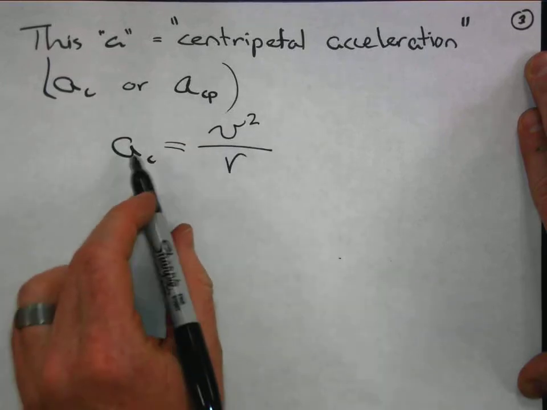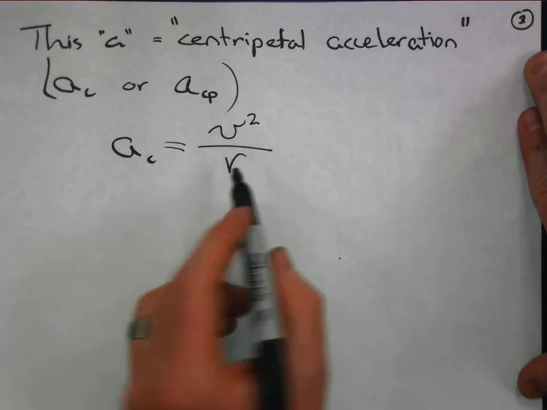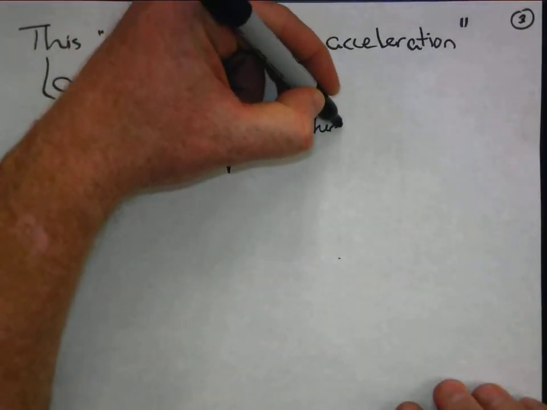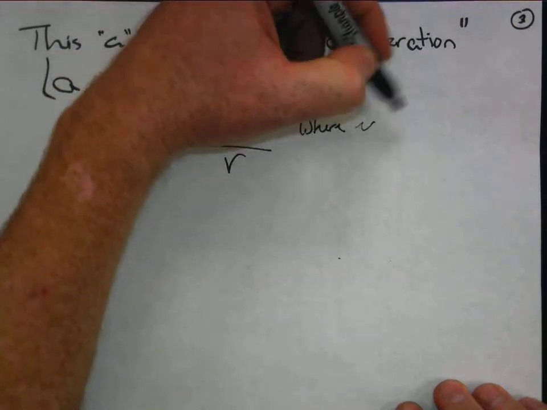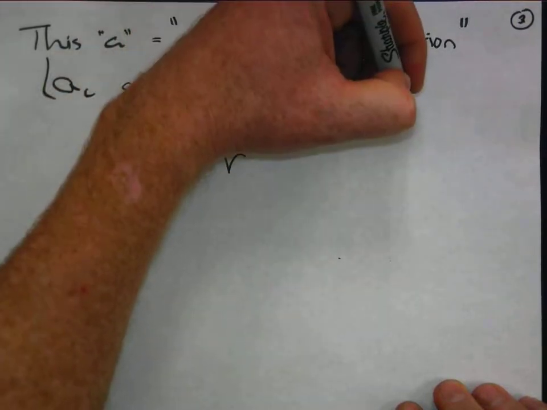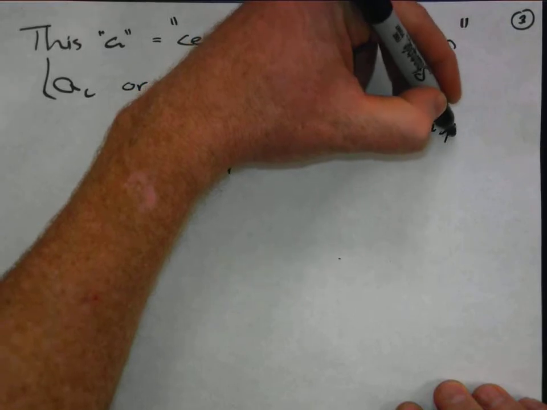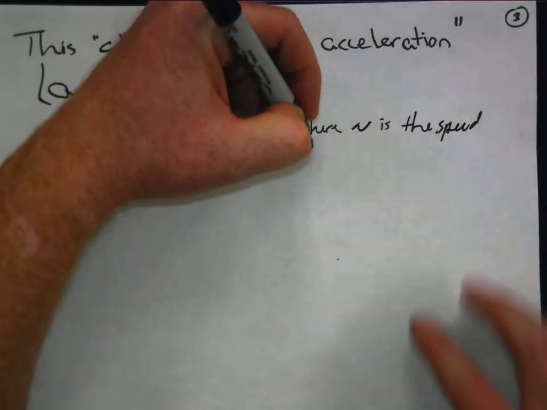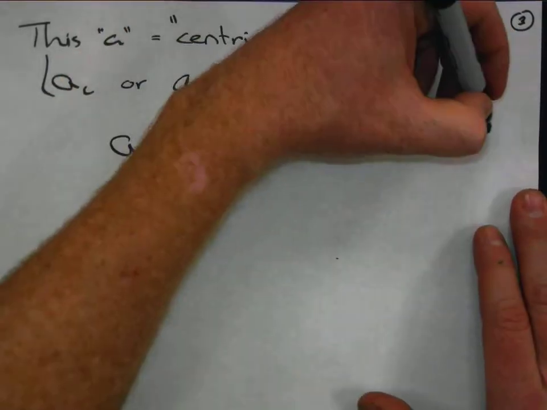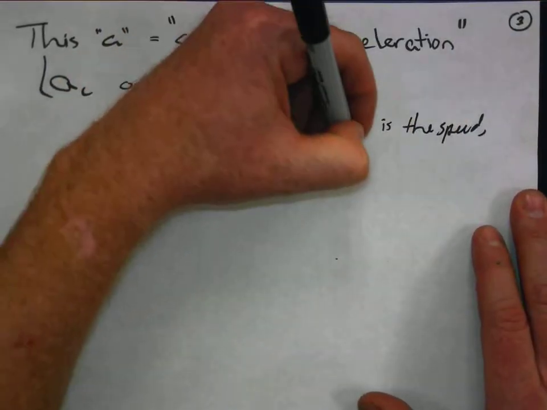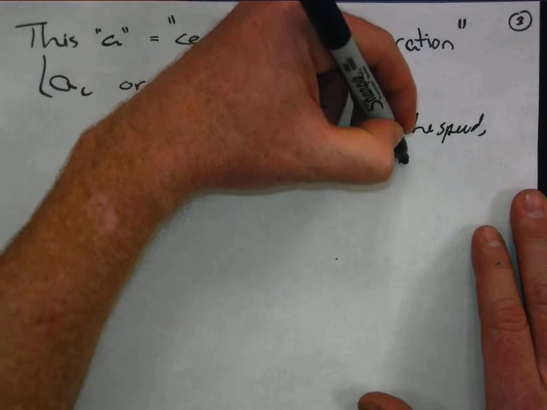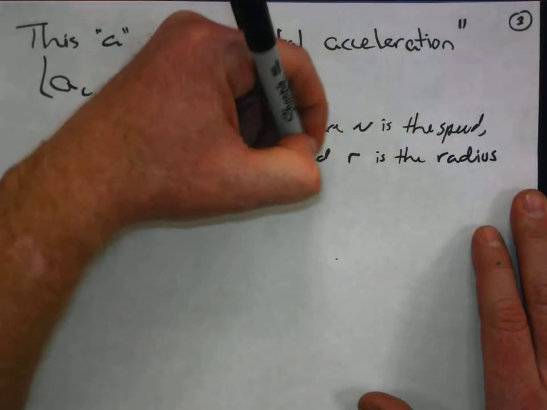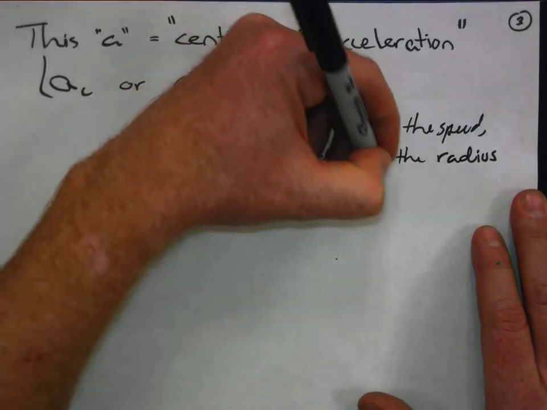Centripetal acceleration is equal to v squared over r, where v is the speed, darken that a little bit, and r is the radius of the circle.